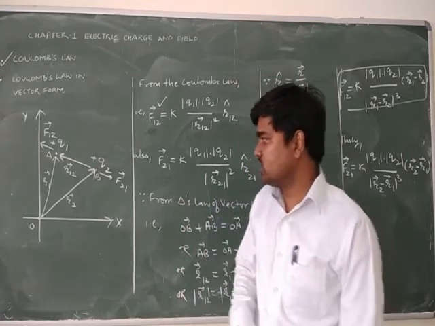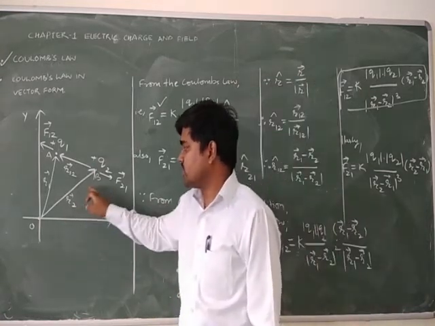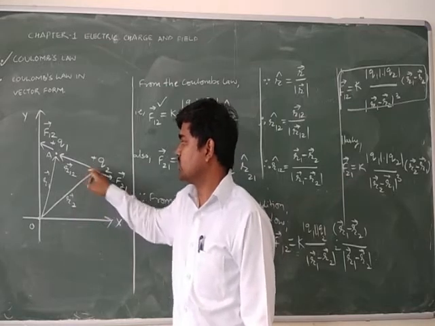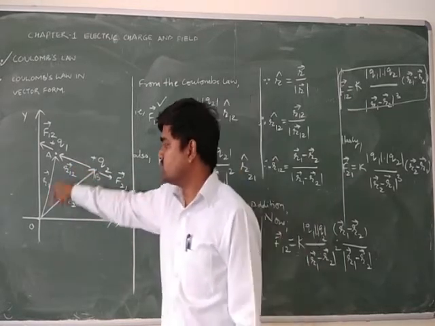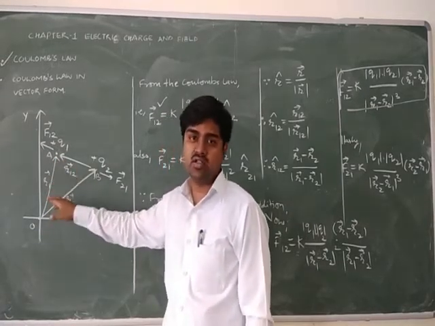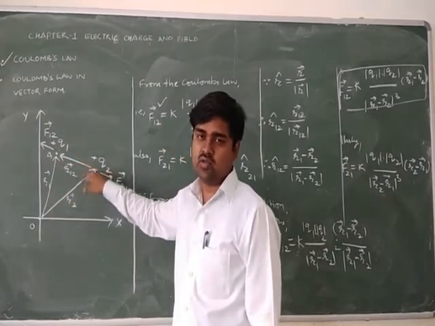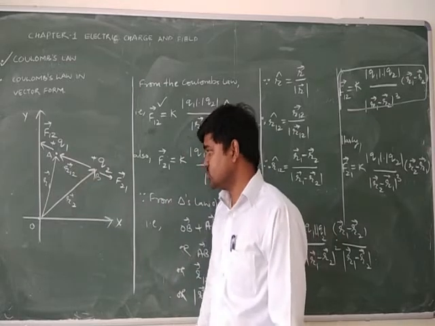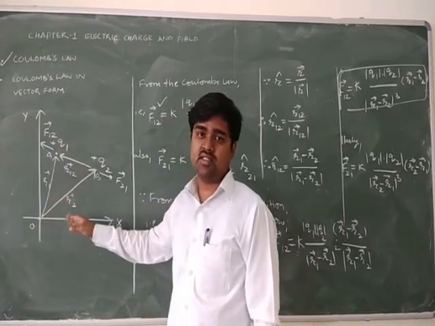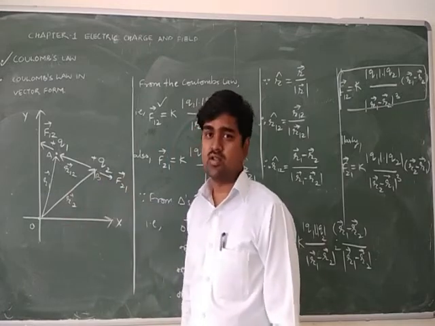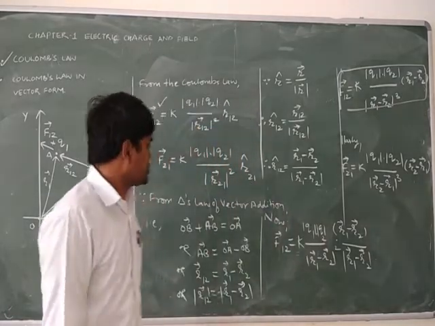So here you can see that this position vector OB and this displacement vector AB are in order, right? And this position vector OA is in disorder with both of these two vectors, right? So this position vector OA will act as the resultant of these two ordered vectors, right?